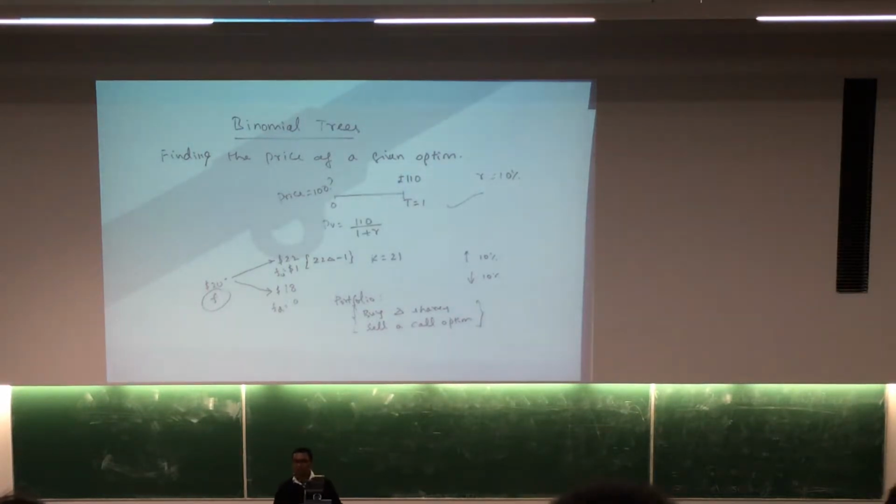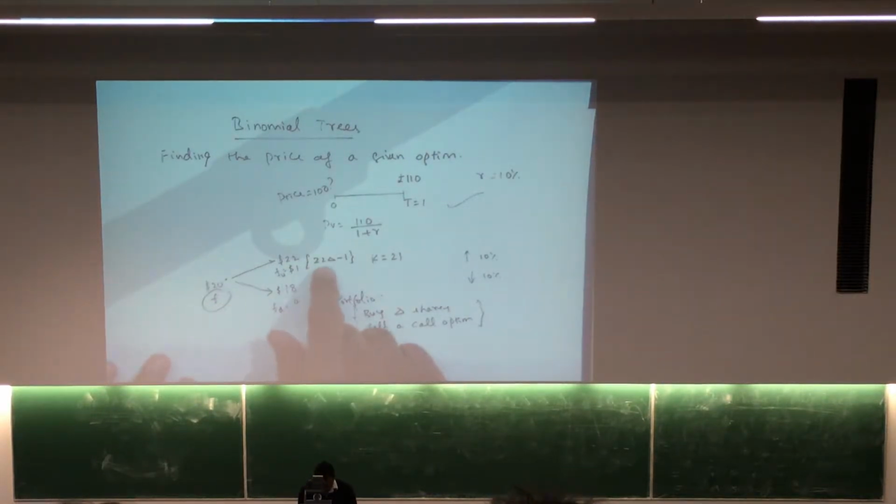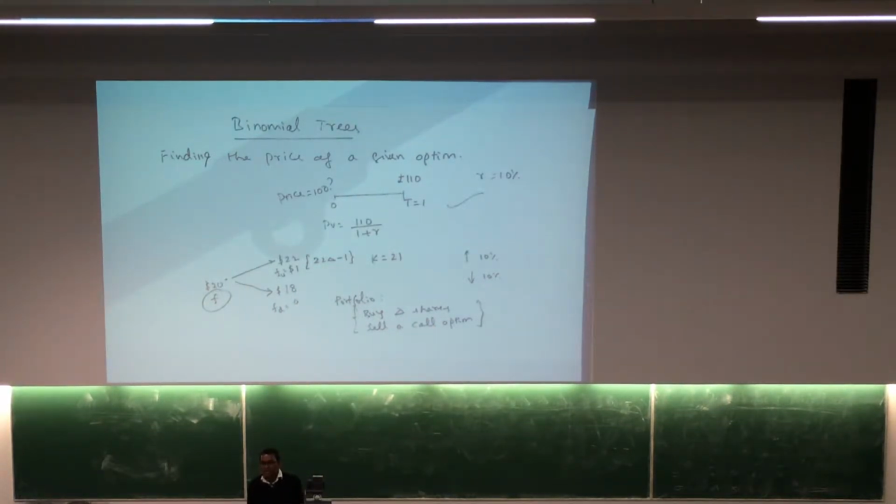So now come back to a portfolio. Instead of only selling a call option, I also extended my portfolio by buying a certain number of stocks. How many stocks did I buy? Delta. I really do not know what the delta is, but just assume that I bought delta number of shares. Then my portfolio value is going to be 22 times delta, because I am holding those many stocks.